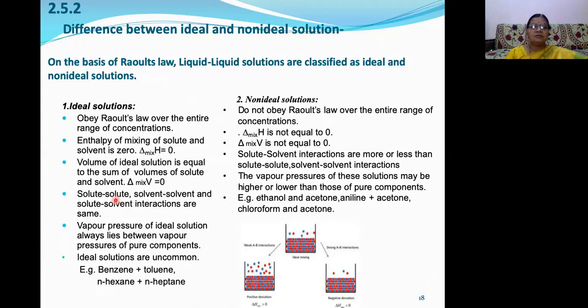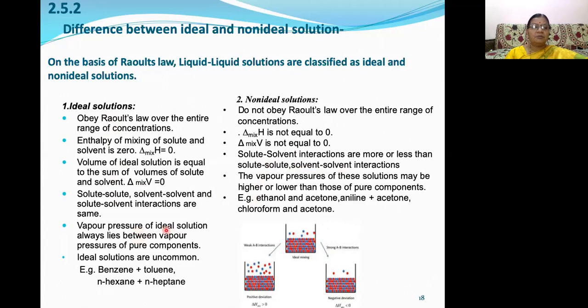Now, the attractive forces, the intermolecular interactions for solute-solute particles, solvent-solvent particles and the solute-solvent interactions are nearly same in case of ideal solution. But in case of non-ideal solution, what about these interactions? Here solute-solvent interaction may be more or less as compared to solute-solute particle interaction and solvent-solvent interaction.